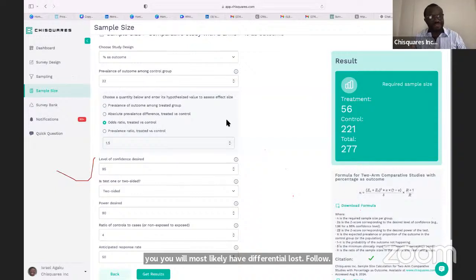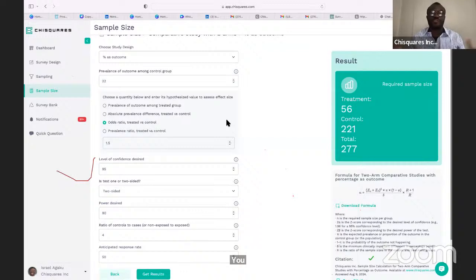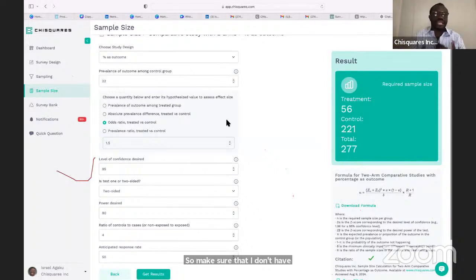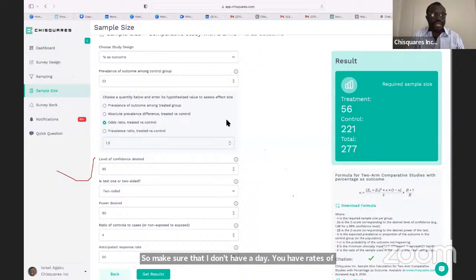You most likely also have differences in mortality, not related to the outcome of interest, between the two groups as well. And all of those things have to be considered, right? To make sure that at the end of the day, you have rates of the outcome in both groups that allow you to capture the differences you want to detect.